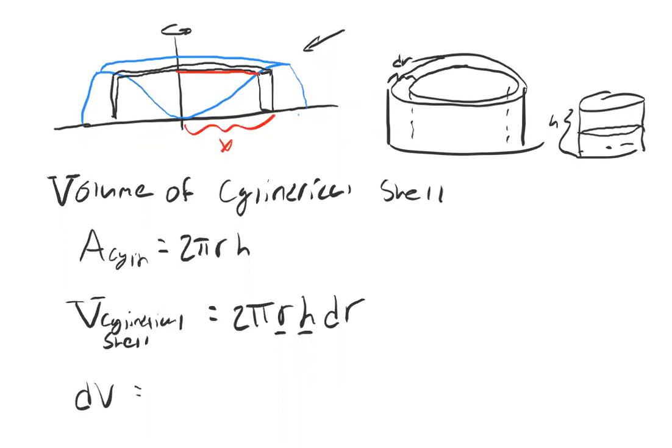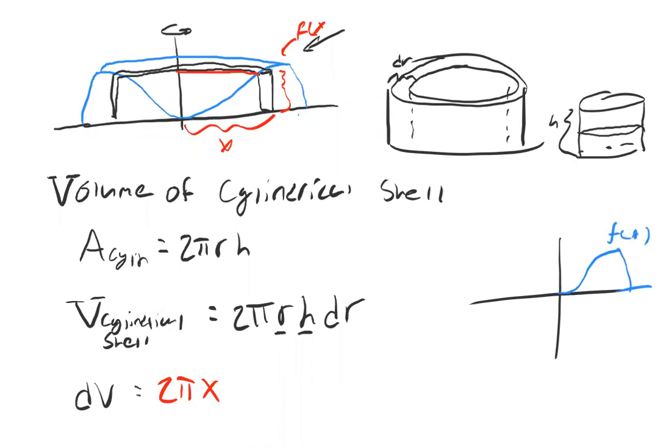So right now I have dV is 2 pi x, and now I need to figure out what the height of this cylindrical shell is. The good news is that one's not too bad. If this function here, the first function I've drawn, the original function that's in the book, we'll call this function f of x, then the height is just given by the value of the function.